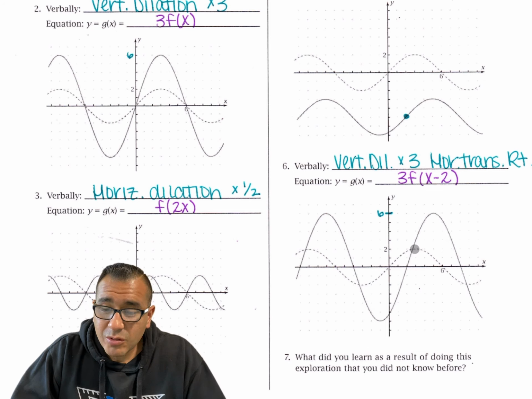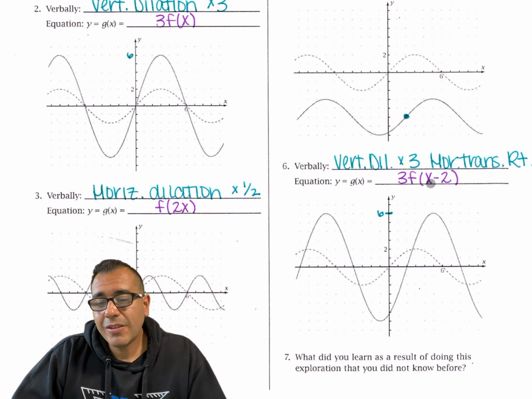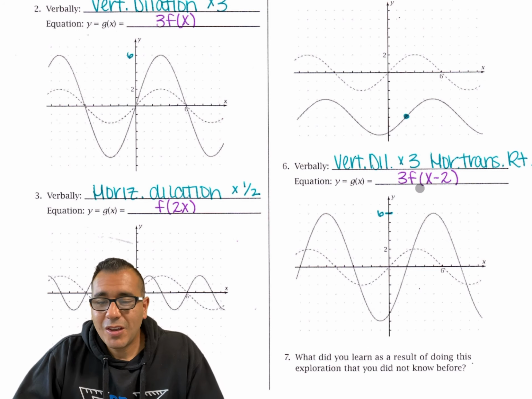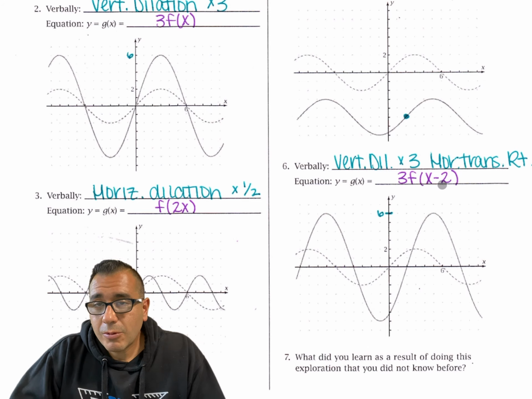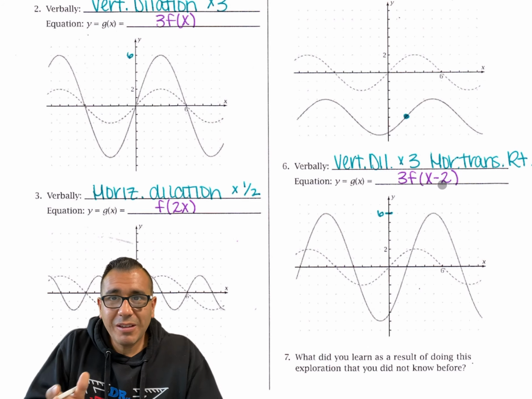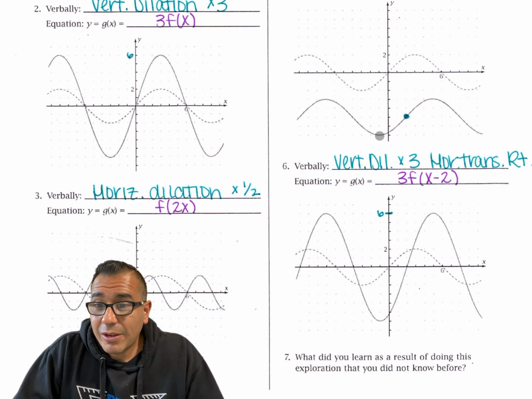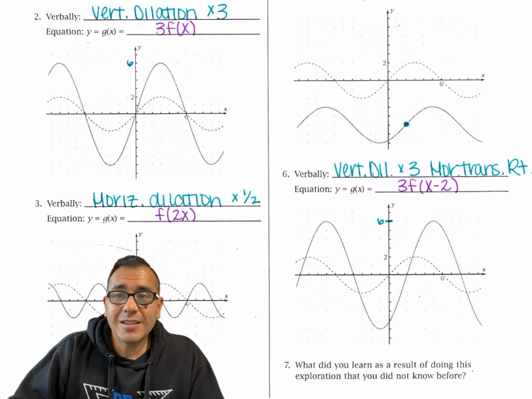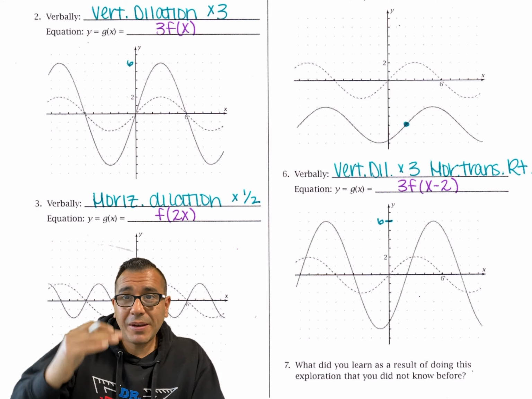And because you're moving it 2 places to the right, again, it's counterintuitive: inside of the parentheses, you have the x minus 2. So whatever is inside of your parentheses controls the left and right movement. Whatever you add and subtract outside of the parentheses is controlling your shifting up and down.